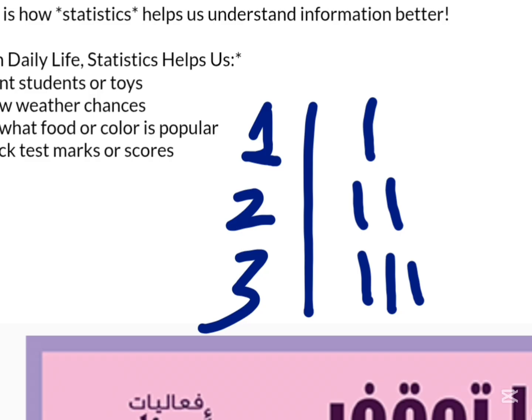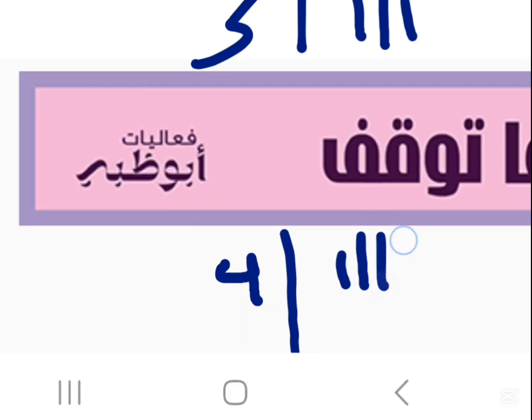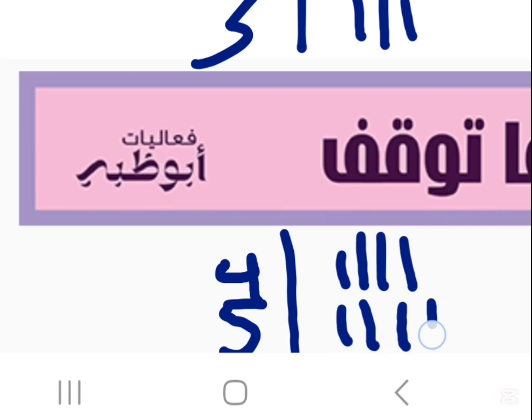I'm writing the number in tally. 4 lines, 5. And how will we write 5? 1, 2, 3, 4, and 5. This is 5. And if we want to write 6, what will we do?